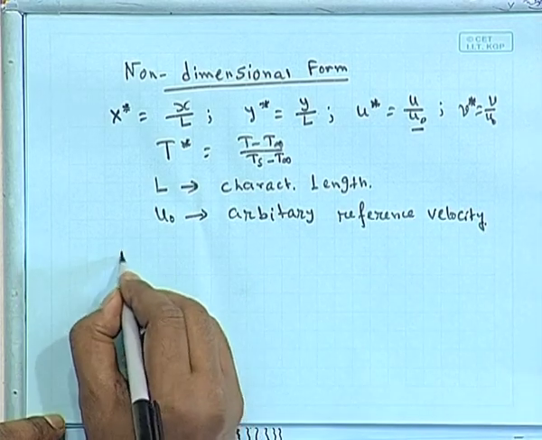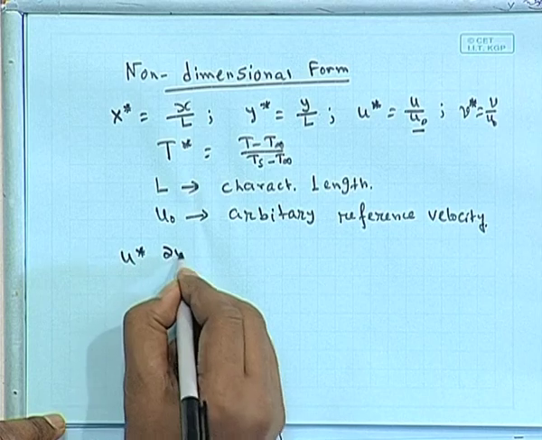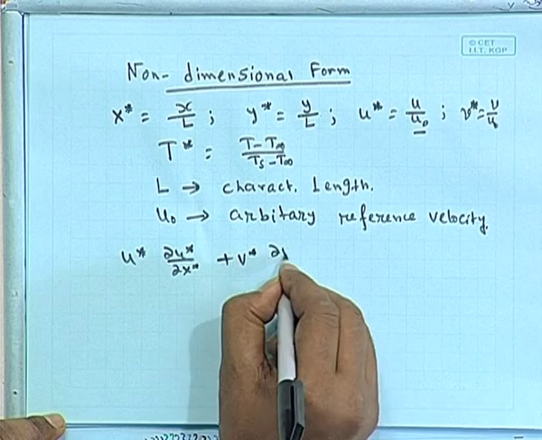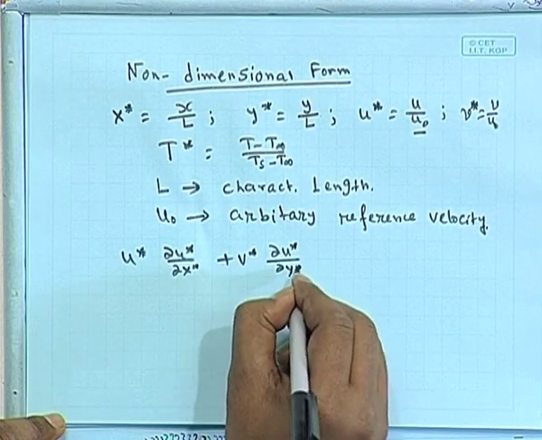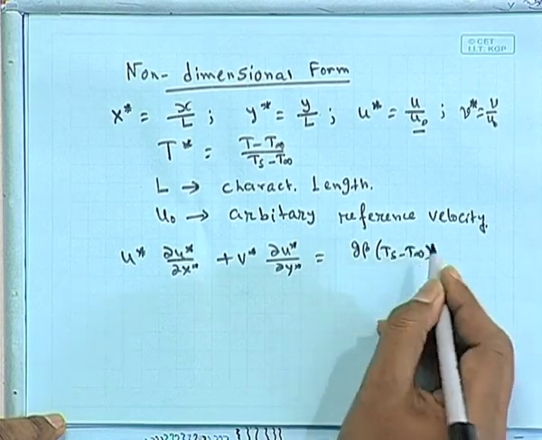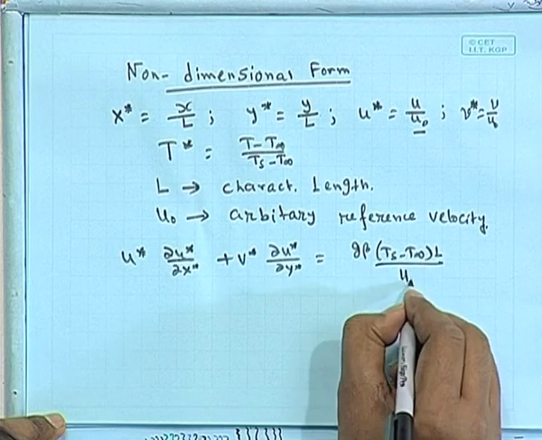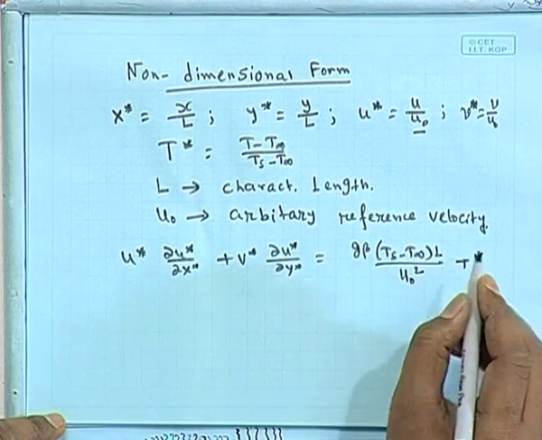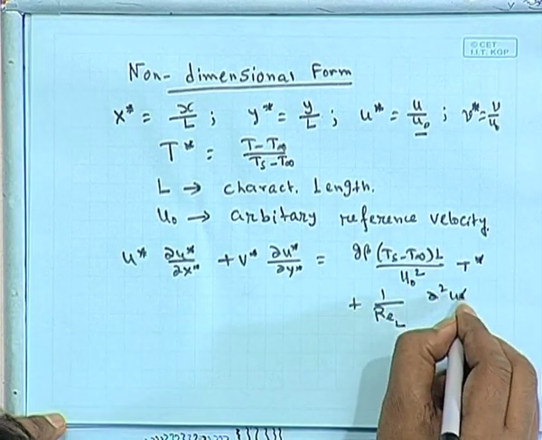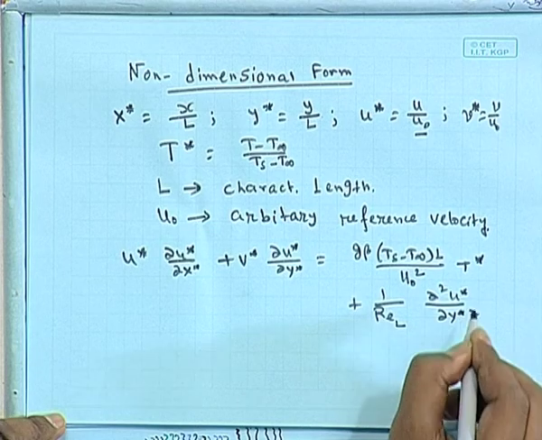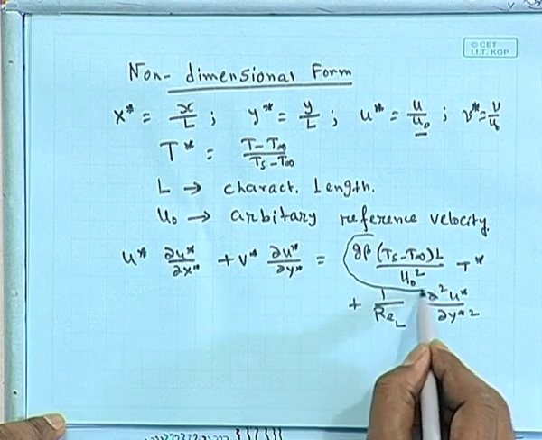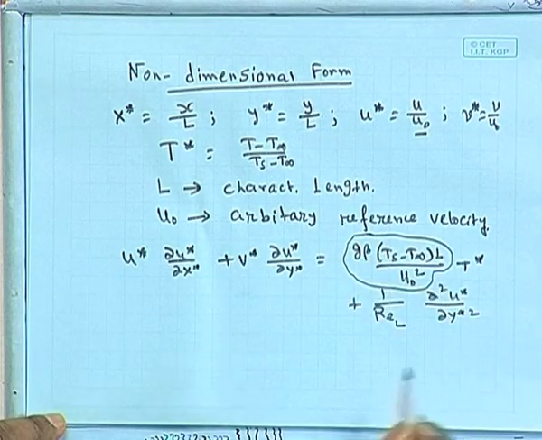So, in terms of these non-dimensional quantities, you will have u star del u star by del x star plus v star del u star by del y star equal to g beta (Ts minus T infinity) L by u naught square times T star, plus 1 over Re_L times del square u star by del y star square. This is the Reynolds number based on length L, and we will have a new non-dimensional number in this form.